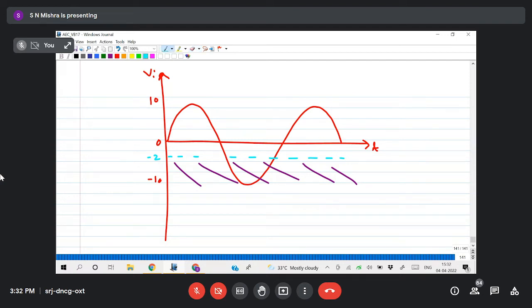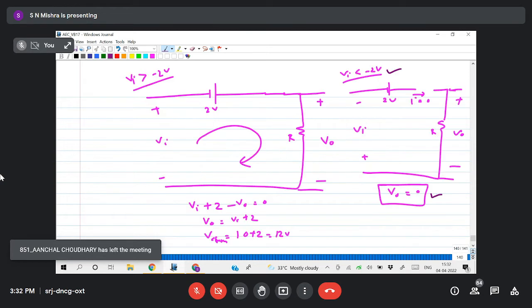Let me take it here. Whenever Vi is less than -2, this region, output is how much? 0. So this is my 0 line in the output. Understood? Whenever Vi is more than -2, what is my output voltage?